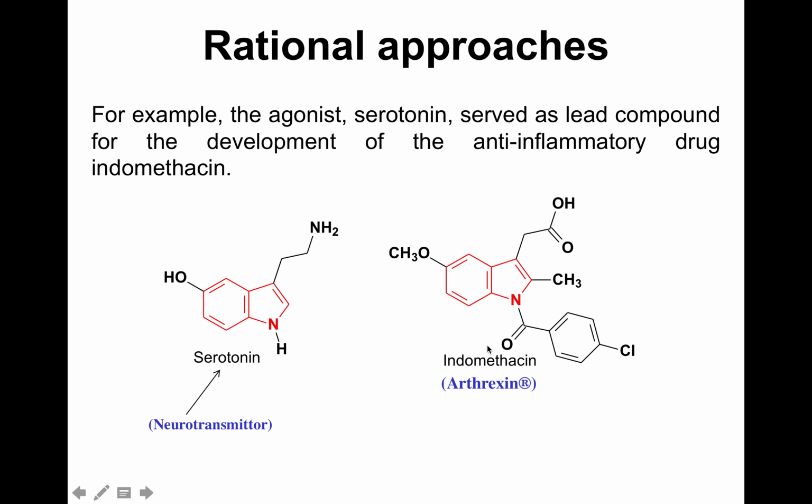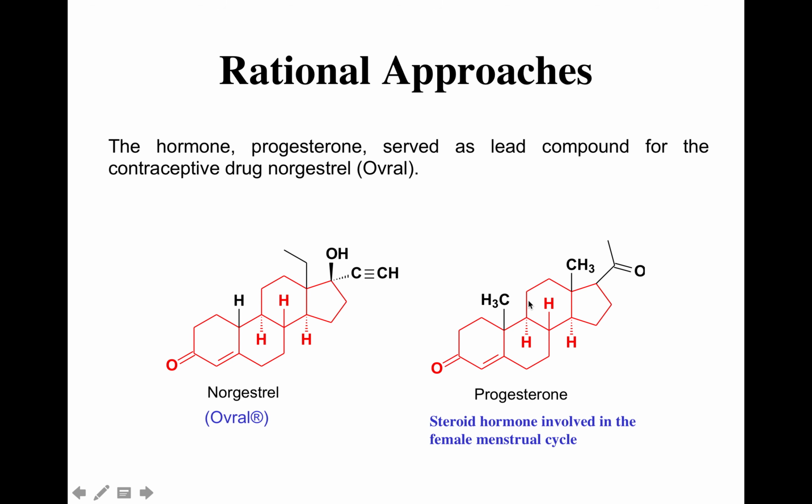And what the scientists then came up with is indomethacin. Indomethacin, which is now a very effective anti-inflammatory drug, was developed from serotonin, the neurotransmitter which had some slight anti-inflammatory activity.